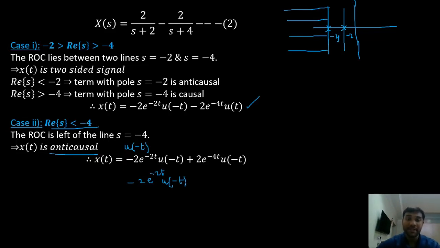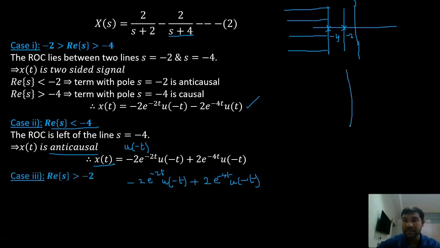This is my left-sided signal, and I have negative 2 as a constant in the second term, and the left-sided signal for 1 by s plus 4 is now going to be negative, right? Again, there's a negative sign. When I multiply minus with minus, it becomes plus and u of minus t. So this is how I'll get my x of t when my ROC is sigma less than minus 4.